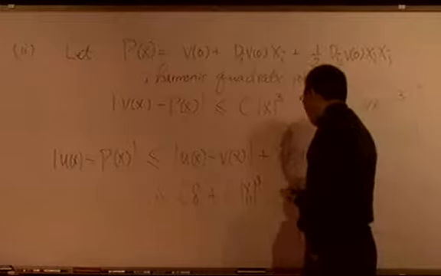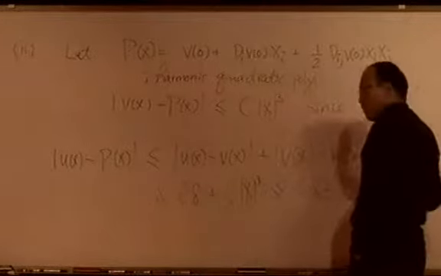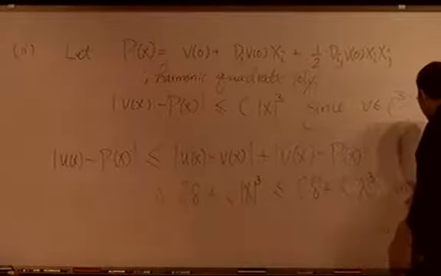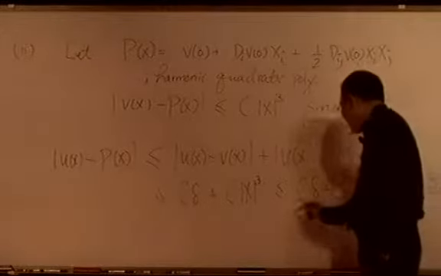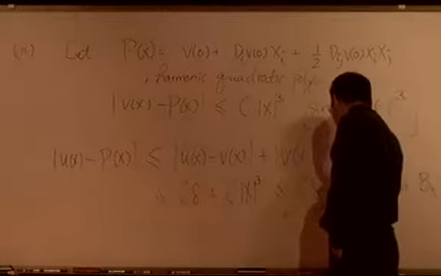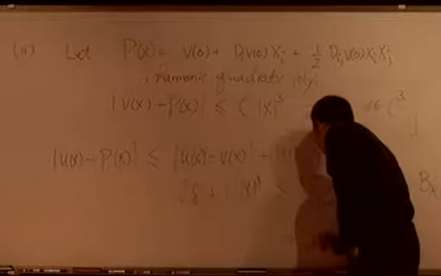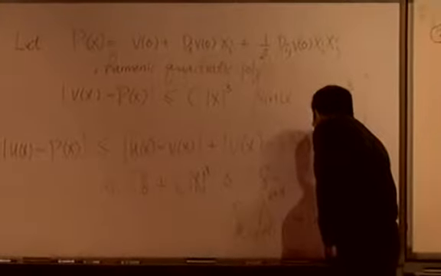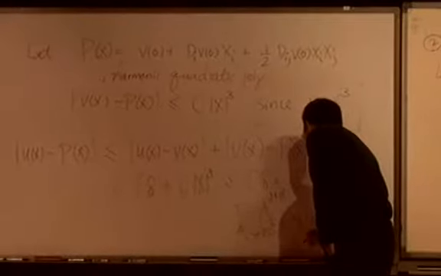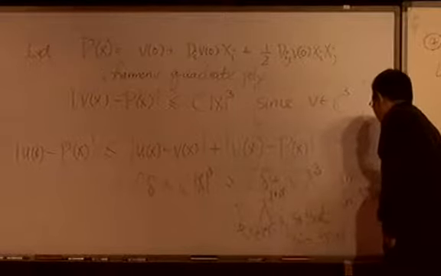So this is smaller than C delta plus C lambda to the 3 in B sub lambda. And then you can select lambda so that this is true in B sub lambda. So it's done.